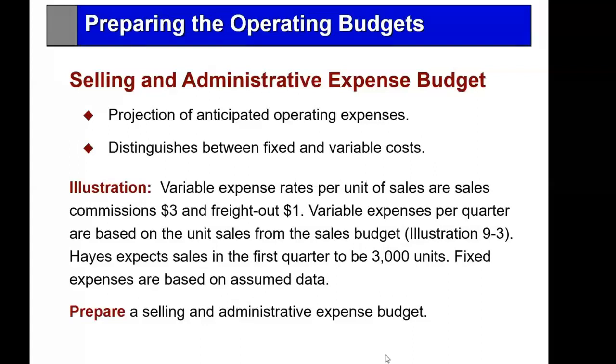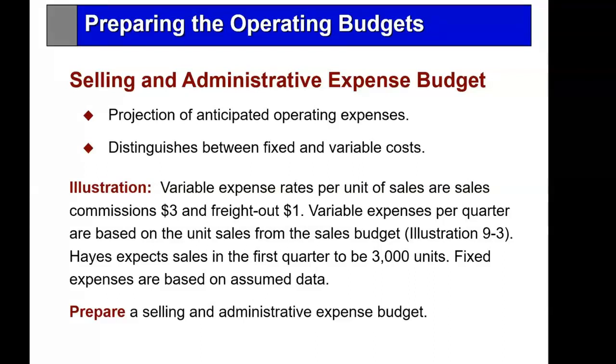Now, those direct material, direct labor, and overhead are your product costs. Keep in mind, we're forecasting the income statement. So the income statement has product costs, the cost to produce my product, and period costs, the cost to sell my product, and all the administrative costs of running the business. Those are period costs.